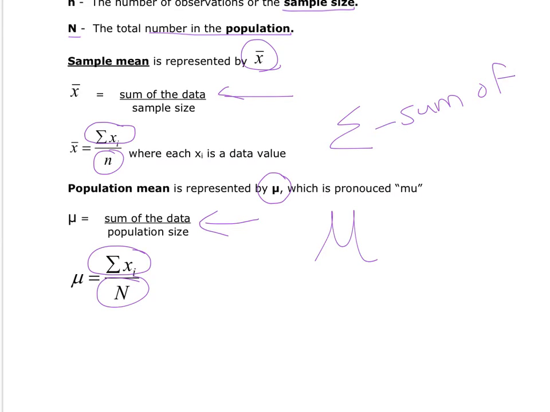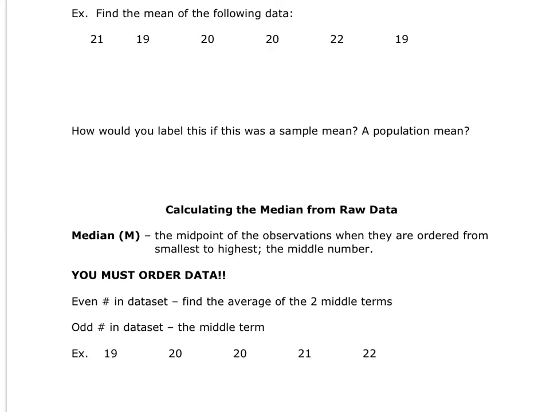So we're going to try this example. Find the mean of the following data. To find the mean of the data, we're just going to add them up and divide by how many there are. If we add these all up and divide by how many there are, there's 1, 2, 3, 4, 5, 6 data values.